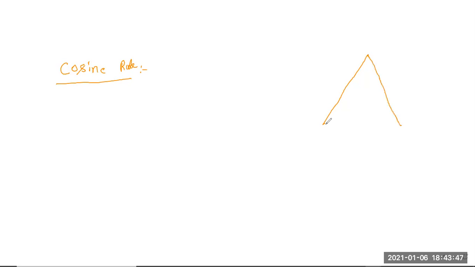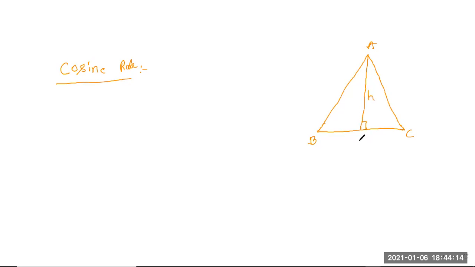Suppose you take a triangle. So this is A, B and C. This is the altitude, the perpendicular of height h.